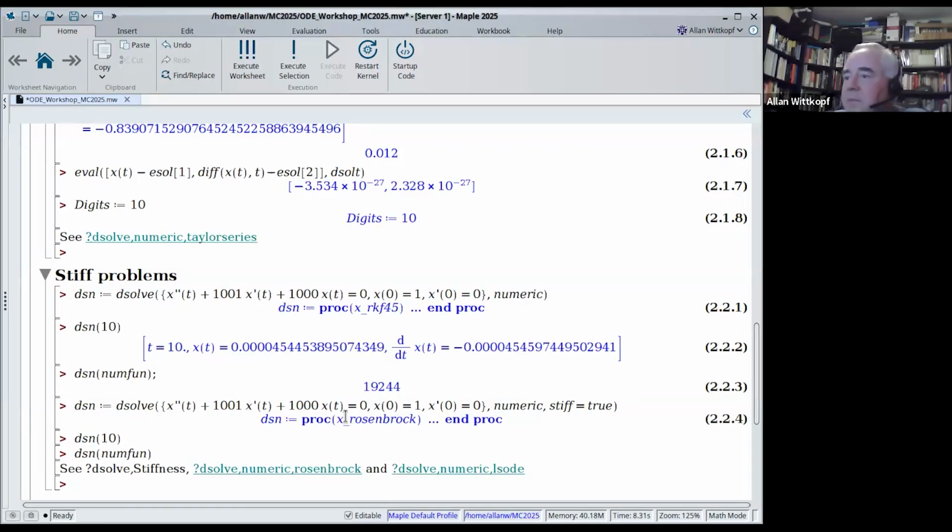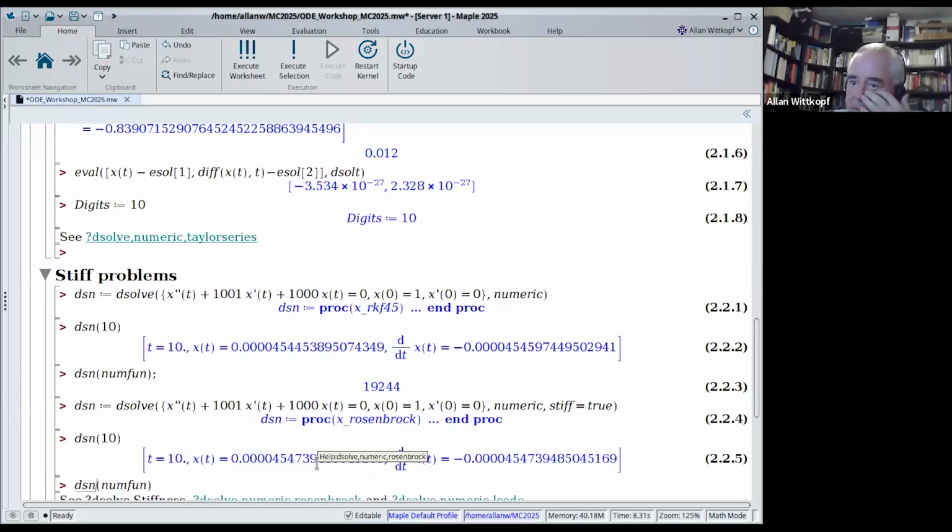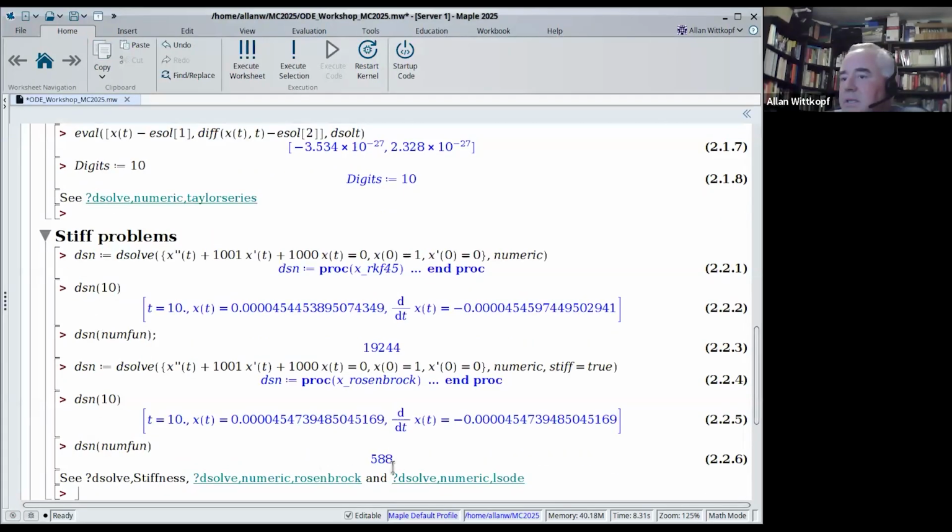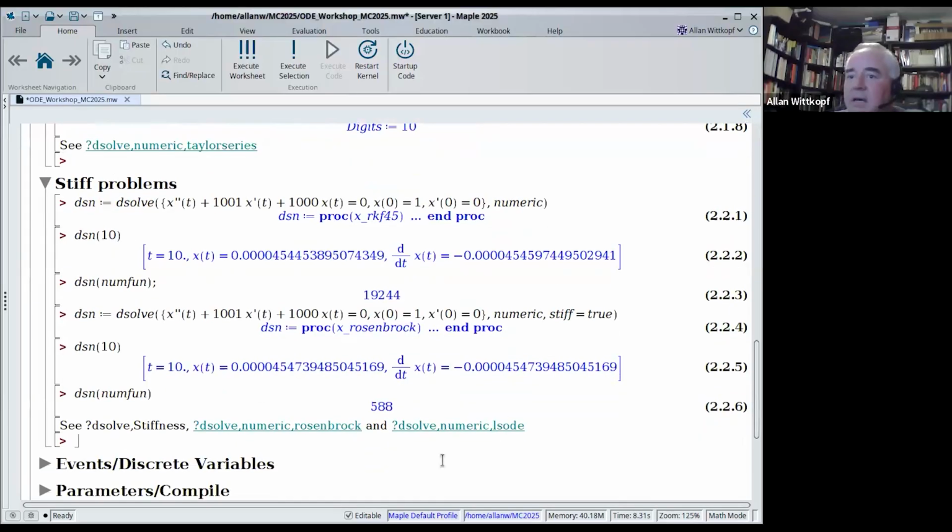The same thing with the stiff method, and you can just simply specify stiff equals true in the call to dsolve. And that computation only did 588 right-hand side evaluations. So using a stiff method for a stiff problem is much more efficient always. Again, links to help pages on these.